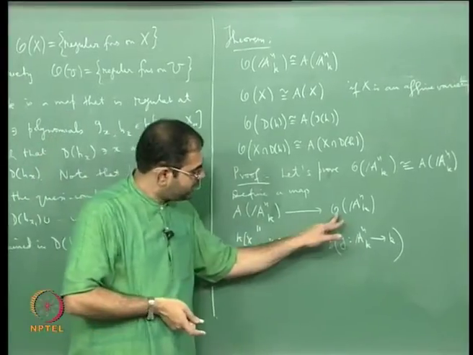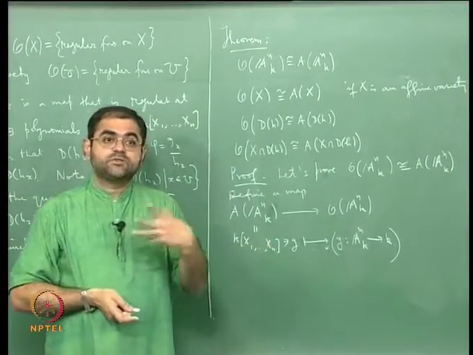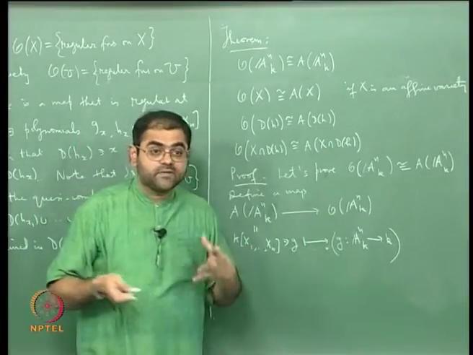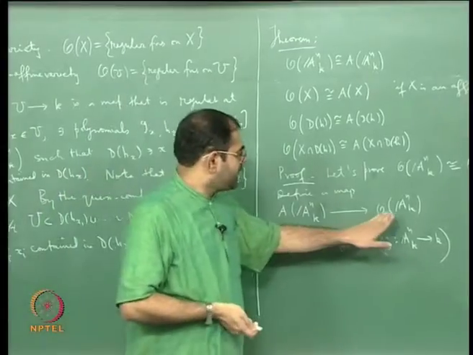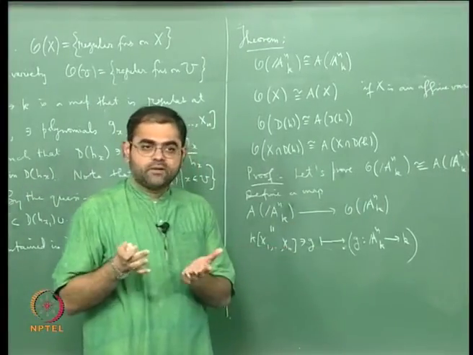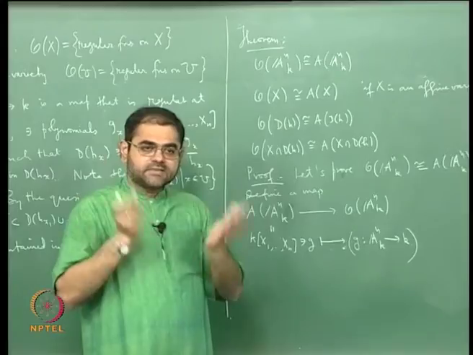In the same way, the set of regular functions is also a ring. That is the first thing you have to realize, because if you take the sum of two regular functions, the sum will also be regular.